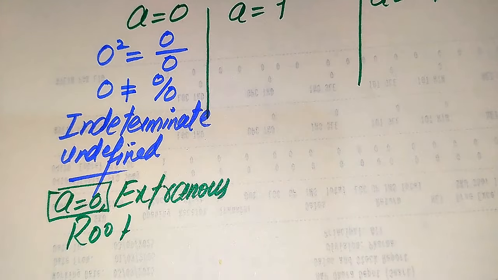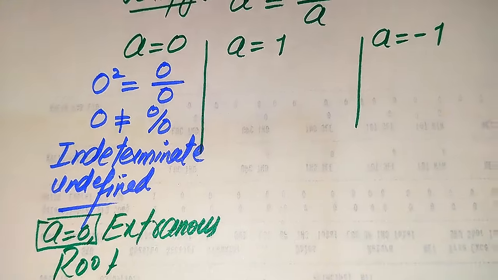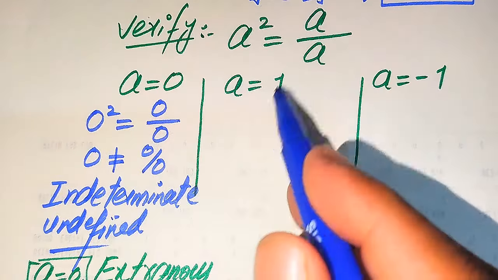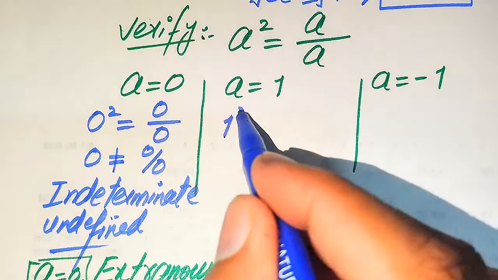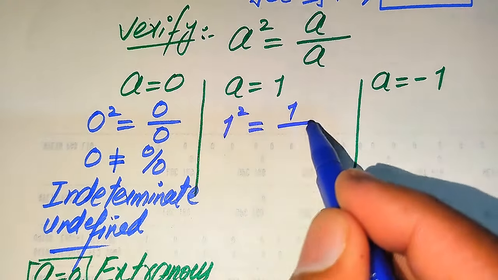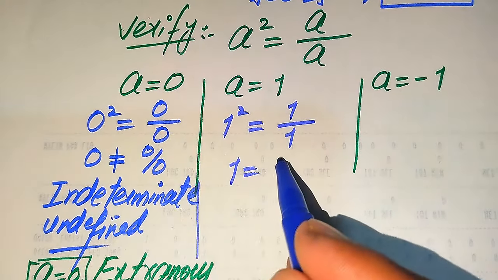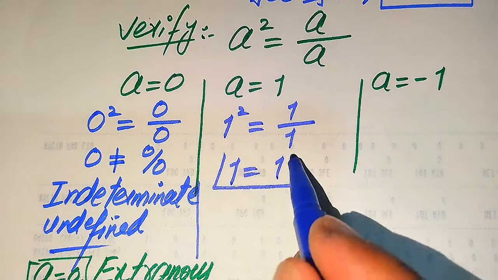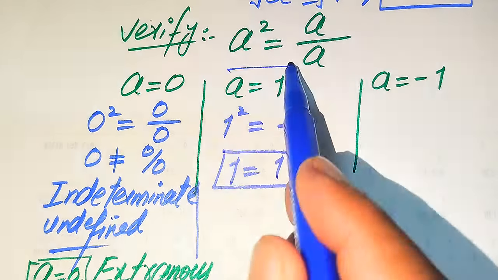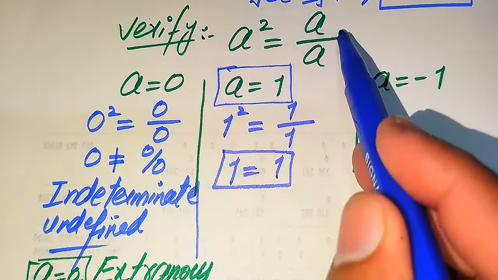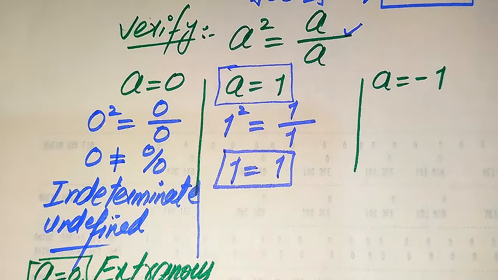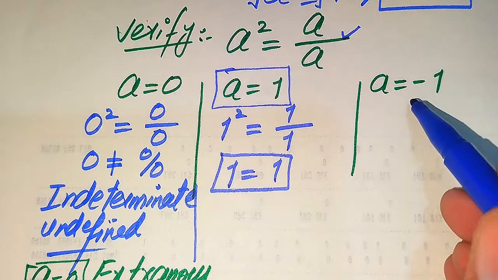And further in the next step we need to focus on the second root, and now we substitute this value of a here, and it becomes 1 square equals 1 divided by 1, and 1 square equals 1, and 1 over 1 is also equal to 1. So this shows that the value a equals 1 satisfies the given equation. And now we verify the third value of a, that is minus 1.